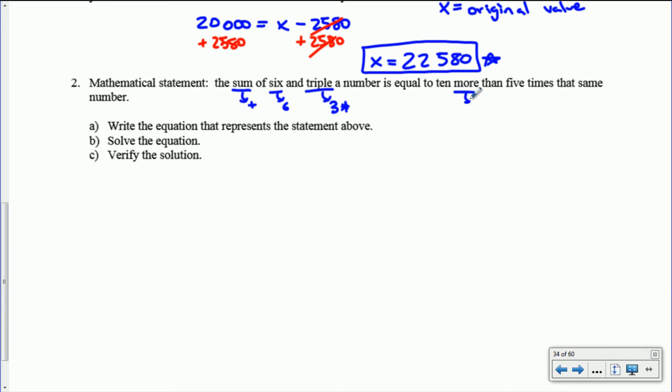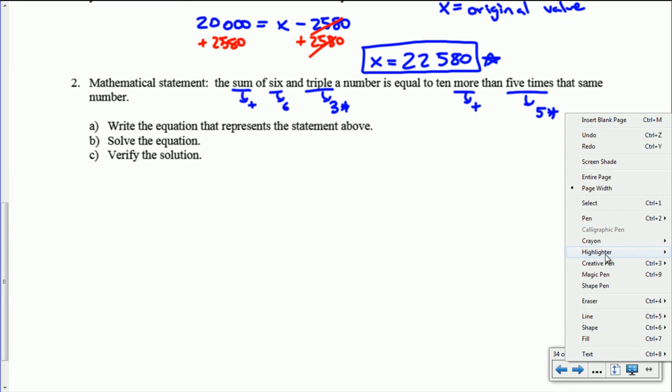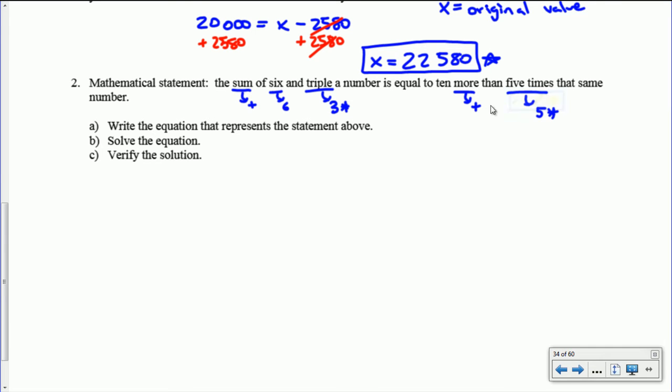So more is telling us to add, then 5 times that same number. So they're not really being specific about what that number is, so we want to figure out what that number should be.